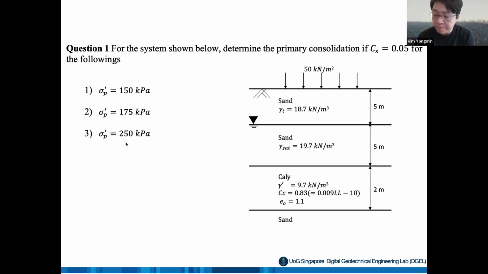Pre-consolidation pressures were given. This pre-consolidation is for sand, the second layer sand, is for clay. Which one? Clay.